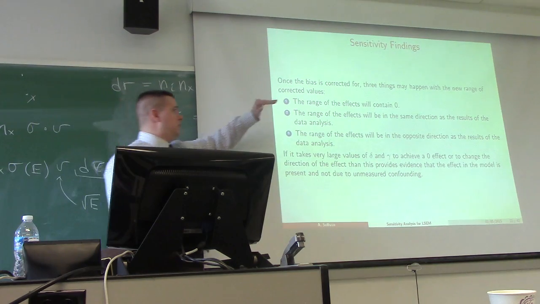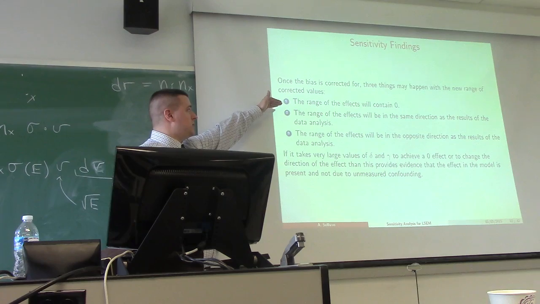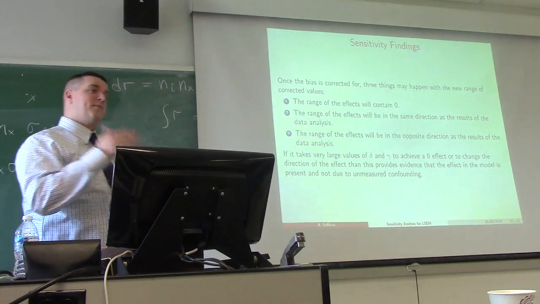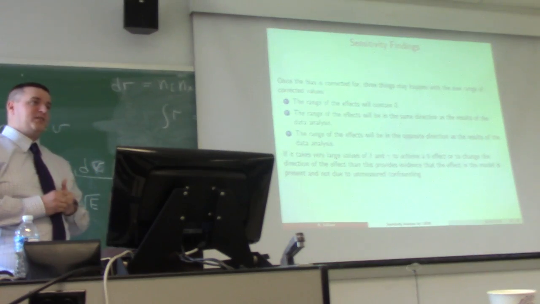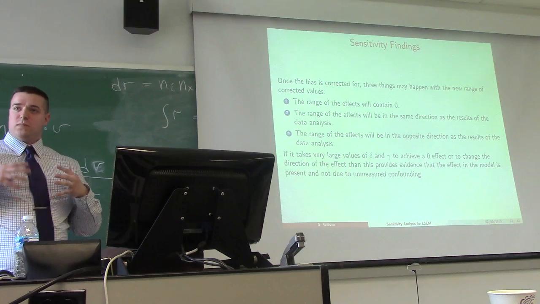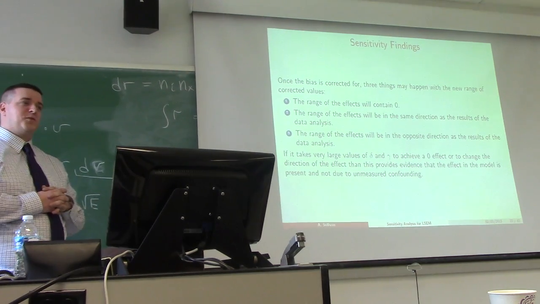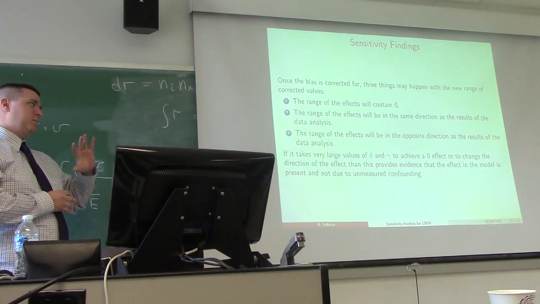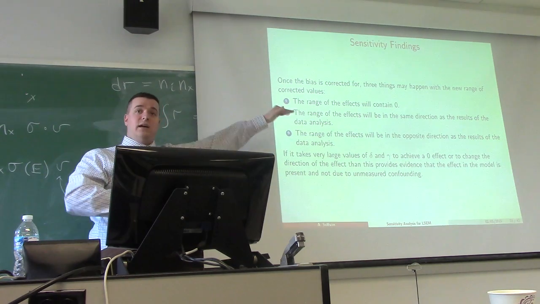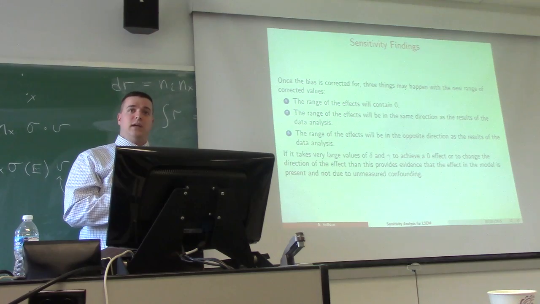So if you had some study like that, and your range of effects contained 0, your whole premise that you published on might actually not exist. What it means is possibly a researcher, we'd hope, would see this and at least try to collect data on the confounders and redo this study.